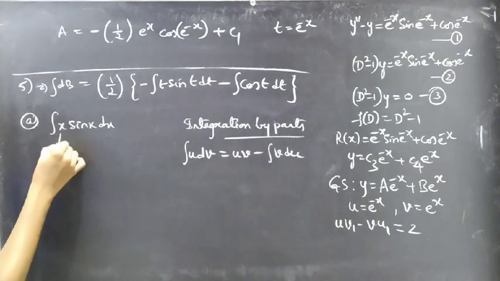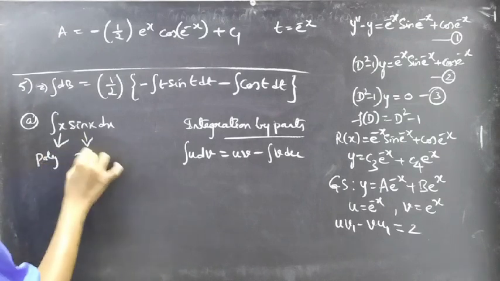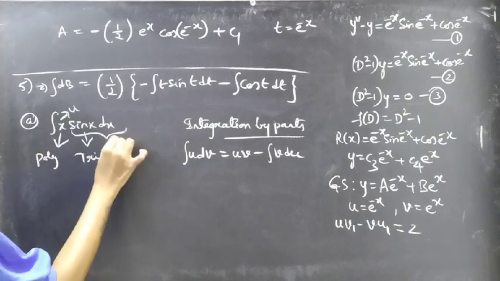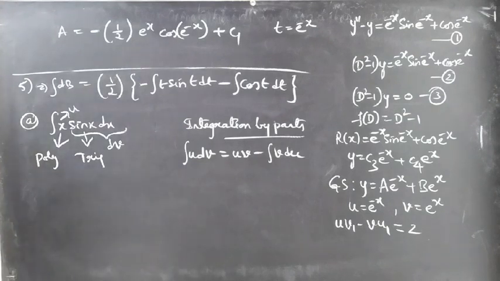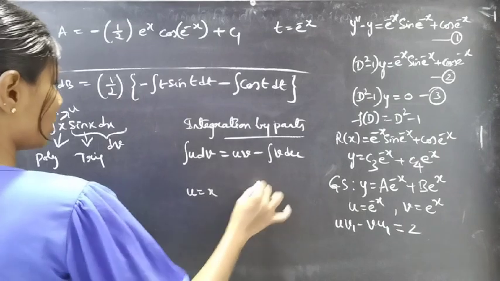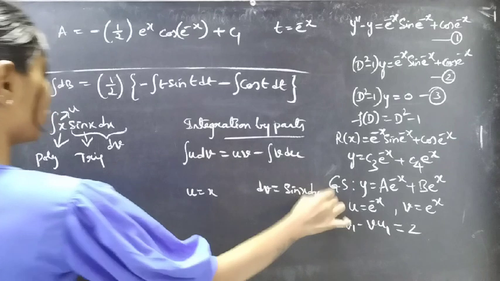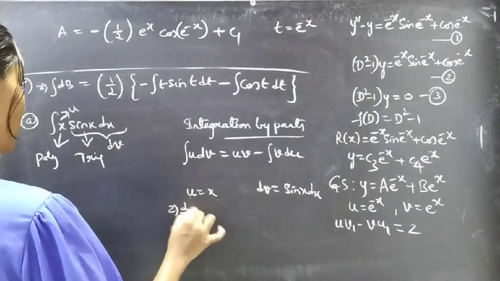The integrand is of the form product of polynomial and trigonometric functions. Consider the polynomial function as u and the remaining part as dv. We have u equal to x and dv equal to sine x dx. Now differentiate on both sides with respect to x.